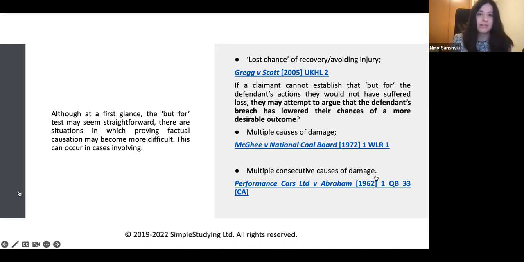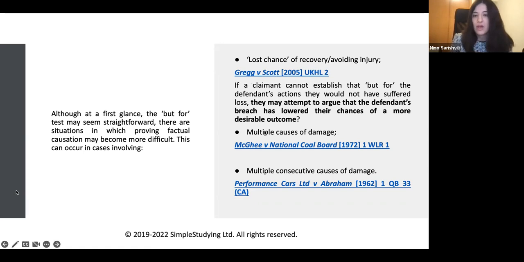That's basically what lost chance means. So if it was not for the defendant, what happened wouldn't have been that bad. And you can see the case about lost chance of recovery, Gregg v Scott, this is interlinked. I'm going to send you the slides and you can click on this link and see the case summary on our website.